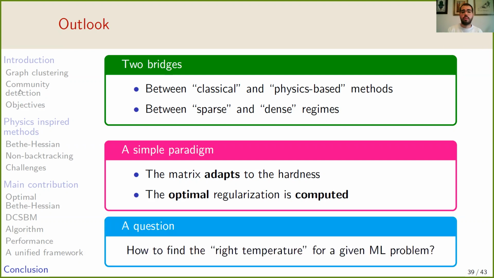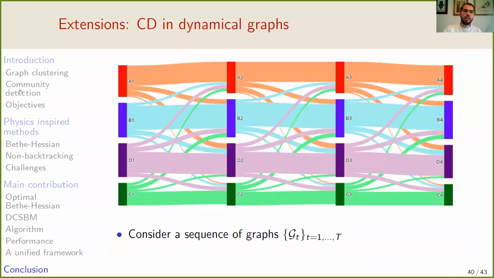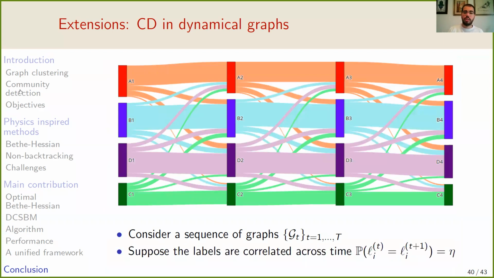Finally, we have a question. Is it possible to find the right temperature for a given machine learning problem? Even though this question is very wide and ambitious, we'll try to answer it in at least two examples. One is the extension to community detection in dynamical graphs, where we have a sequence of snapshots of the same graph at different times, and in which we expect that the community labels may change, but that they are correlated across time.